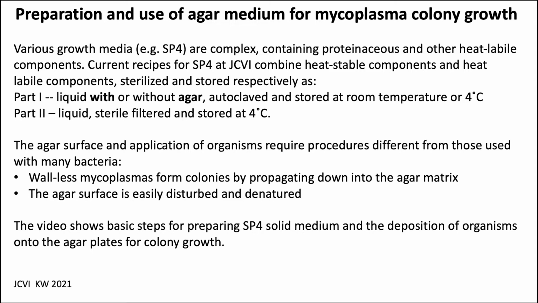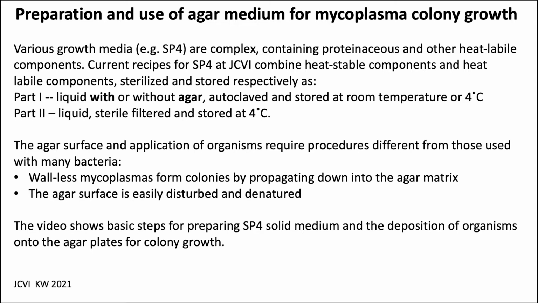So we need to combine part one and part two, whatever form of part one we have, in order to make a complete medium. When making the agar medium, which I'll be discussing today, we have to do that at temperatures that allow it to eventually solidify, but not create any problems with the labile components.